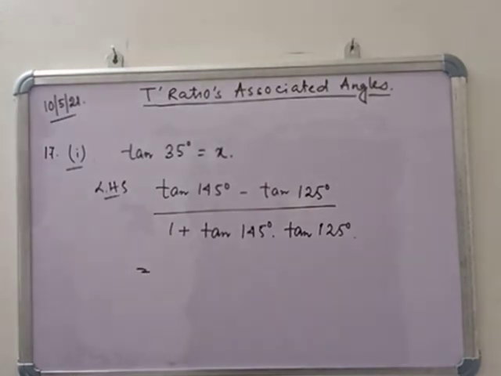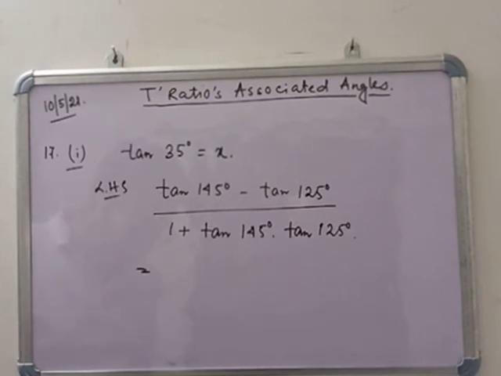So now this is the formula of tan A minus B. So tan A minus B means tan of 145 degree minus 125, that means tan 20 degree.